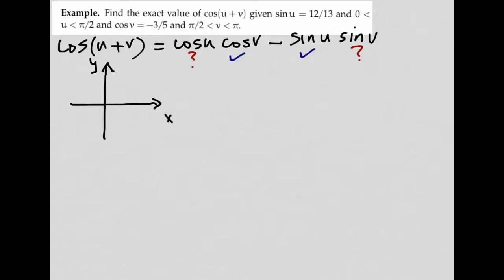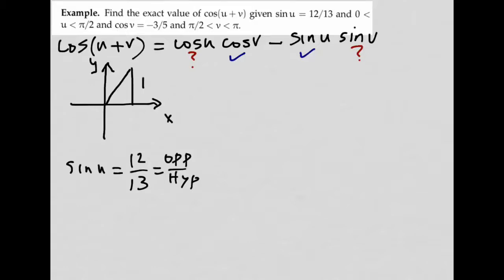So we know u is an acute angle, so it's got to lie in the first quadrant. We know the sine of u is 12 over 13, which we know in a right triangle is the opposite over the hypotenuse. So we have an opposite side of 12, the hypotenuse is 13, and u is an acute angle. So we got something like this. The opposite is 12, hypotenuse is 13.